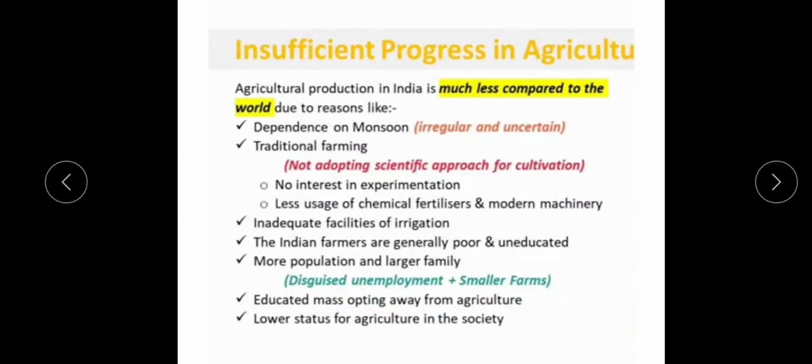First of all, dependence on monsoon, which is irregular and uncertain. Traditional farming: farmers are practicing in a traditional way. They are not adopting scientific approaches for cultivation, as they don't show any interest in experimentation.